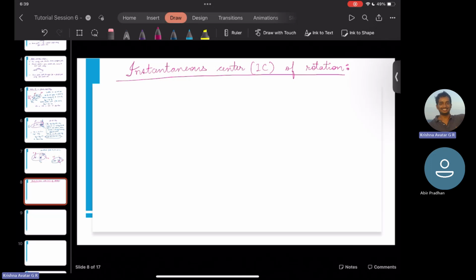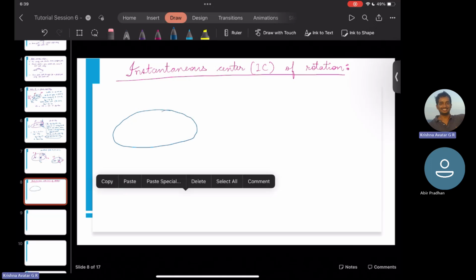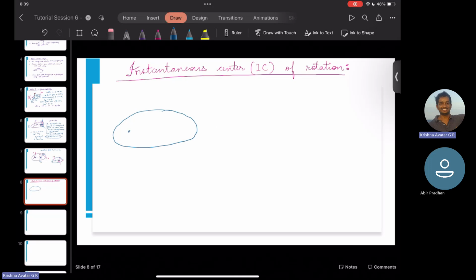Right. So what we do is, again, let's consider a rigid planar body, and then consider two points A and B with certain velocities VA and VB.